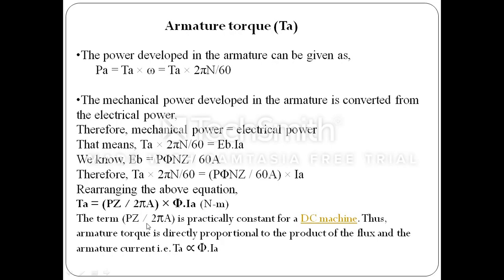The term P Z divided by 2 pi A is practically constant for a DC machine. Thus, armature torque is directly proportional to the product of flux and armature current, that is TA, the armature torque, is directly proportional to flux phi into armature current Ia. So that is the armature torque.